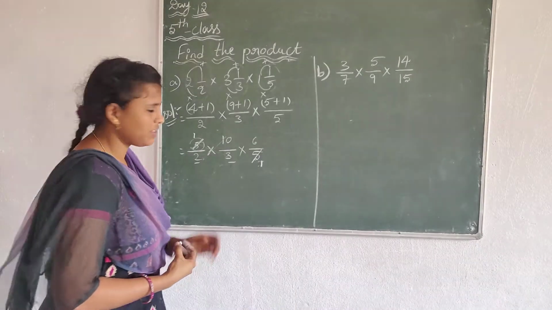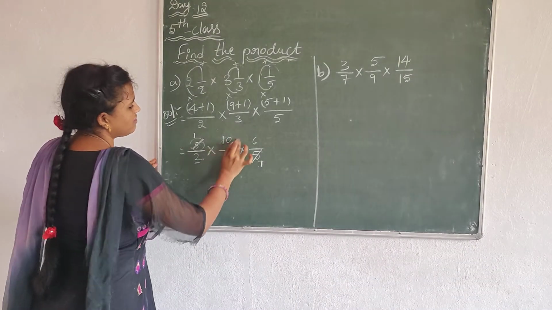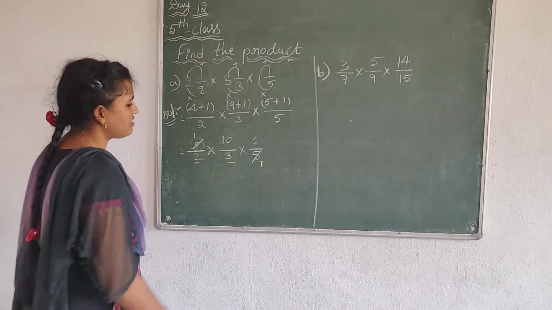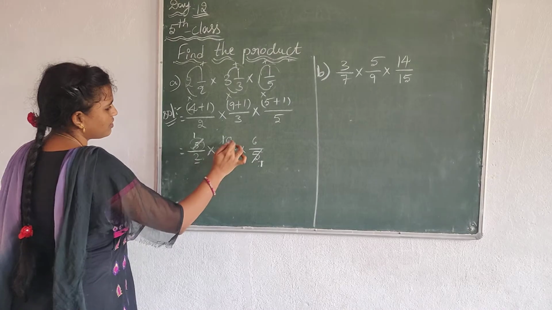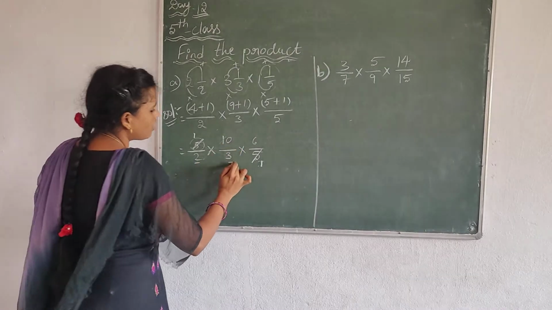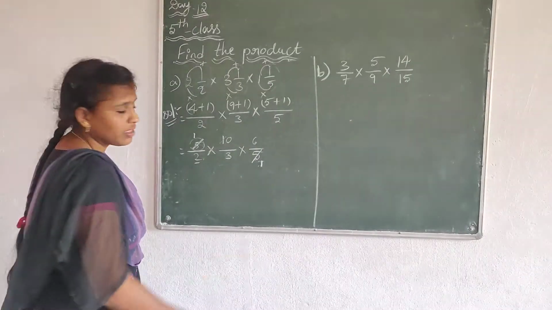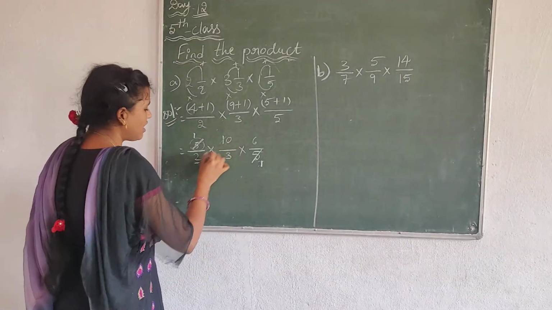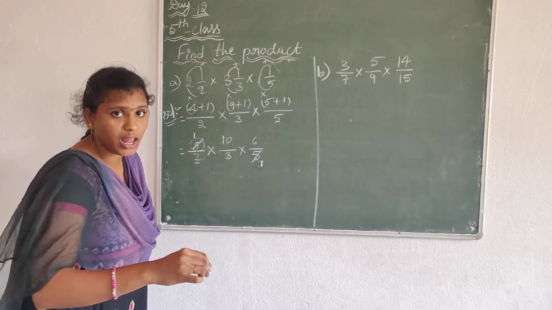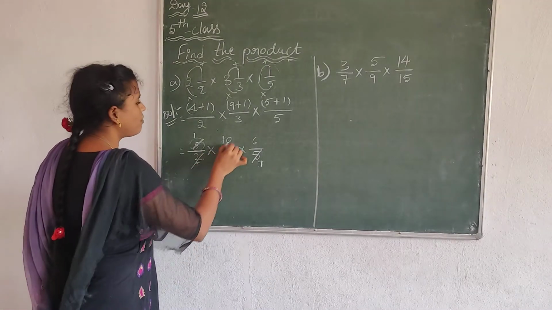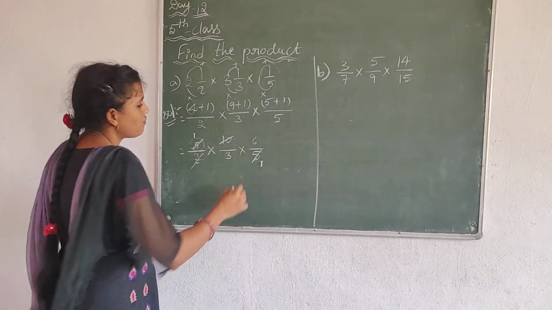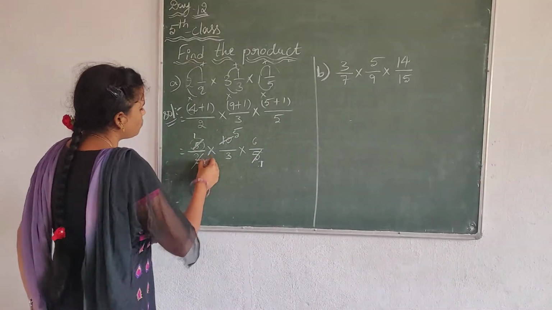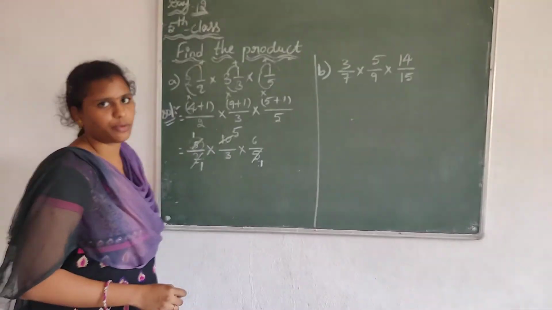Is it clear? Yes. Let's take this 10. This is already cancelled. See these two numbers: 10 and 2 are cancelled in the 2 table. 2 how many times? 5 times. What about here? 1 time.